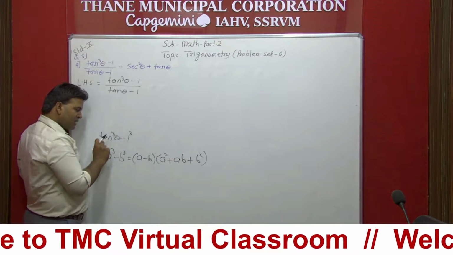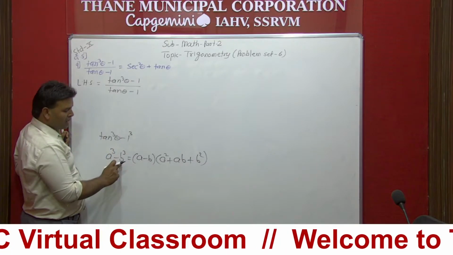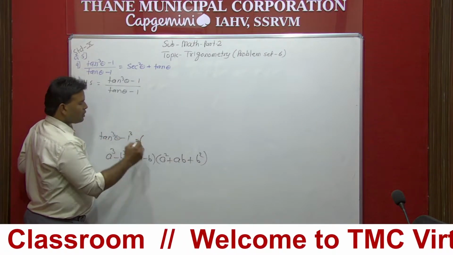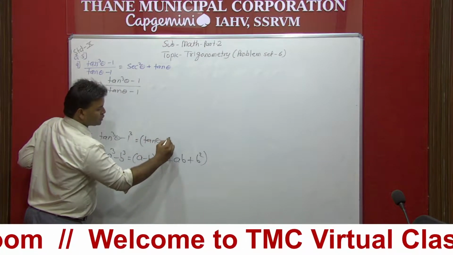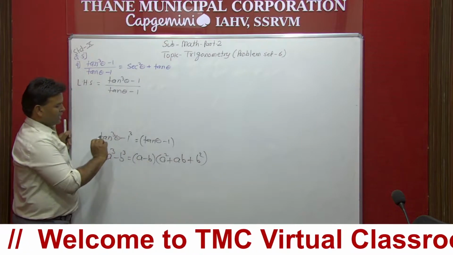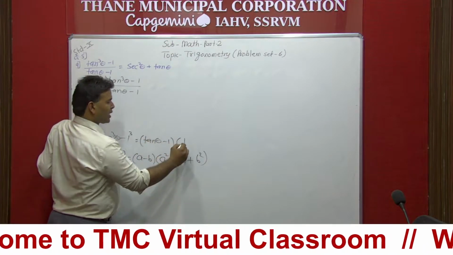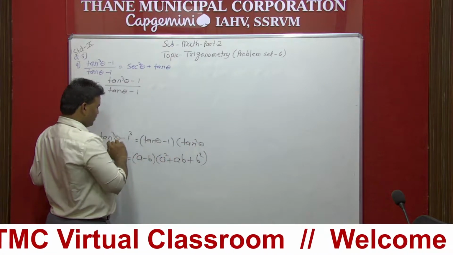Similarly, here tan cube will behave like a and 1 cube will behave like b. So what about the formula here? This is going to be tan theta minus 1, that is a minus b, second bracket, tan square theta. Here it was a square, the first term square.